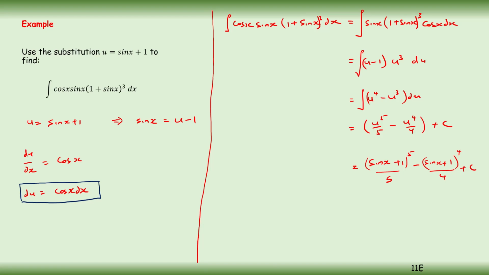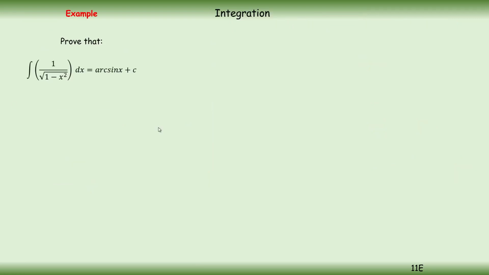Once you've done that, hit play, and I've got one more example for you. Okay, so with this example, we've got to prove that the integral of 1 over the square root of 1 minus x squared is equal to arcsine x.